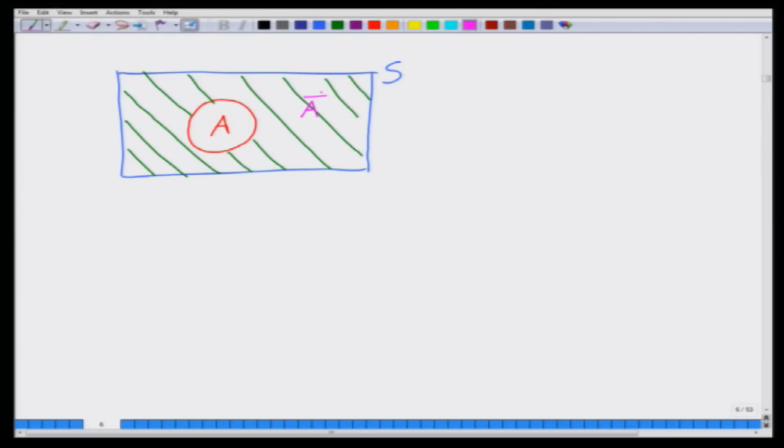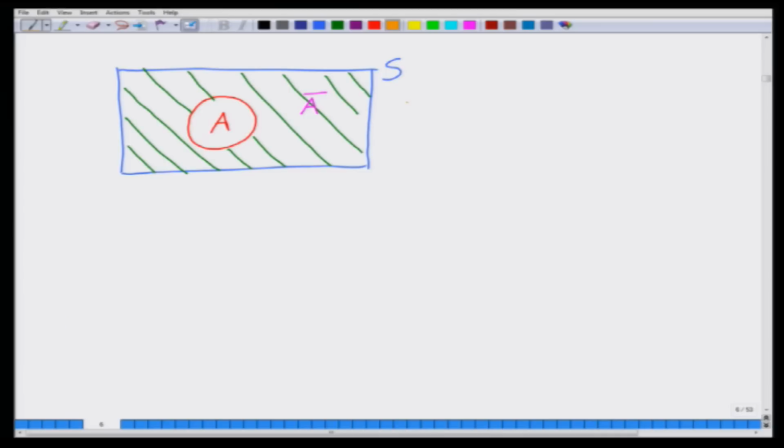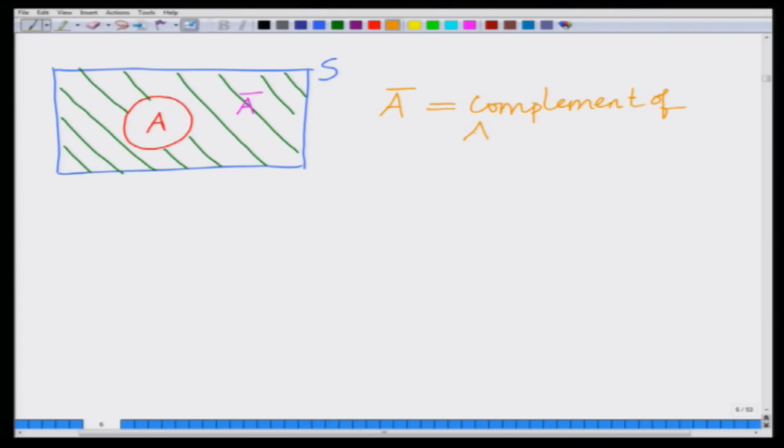So, from elementary set theory, A complement equals the sample points in S but not in A.